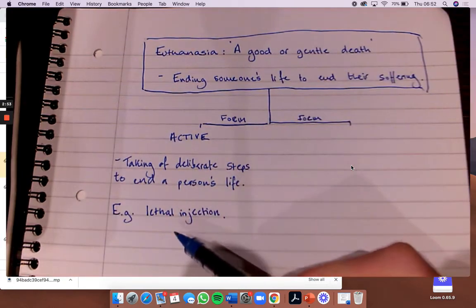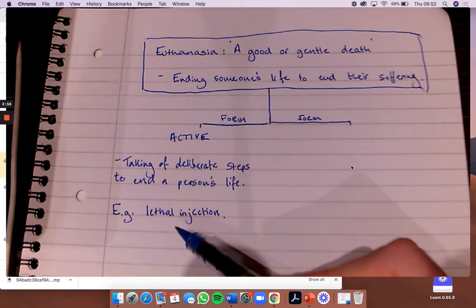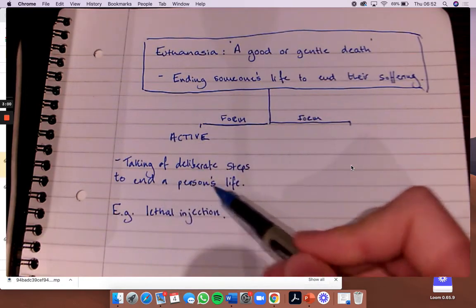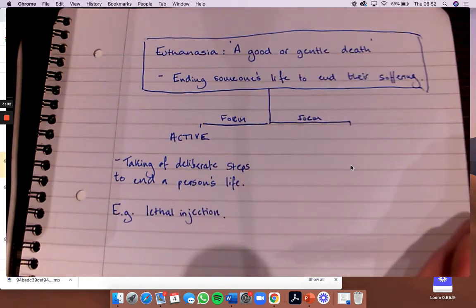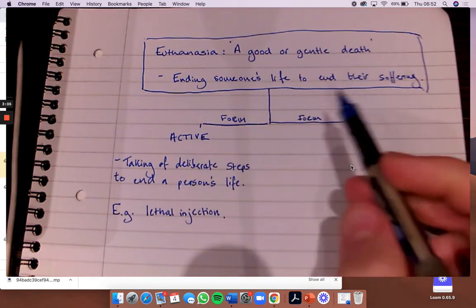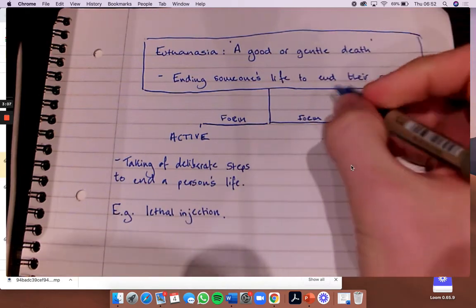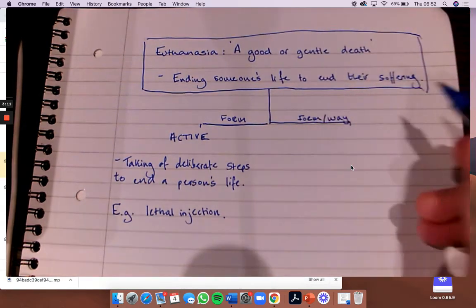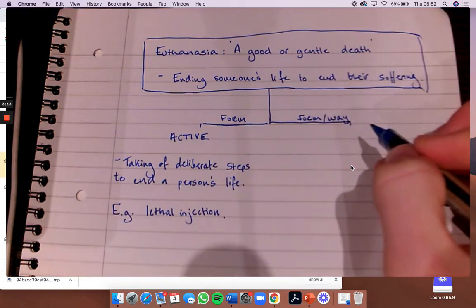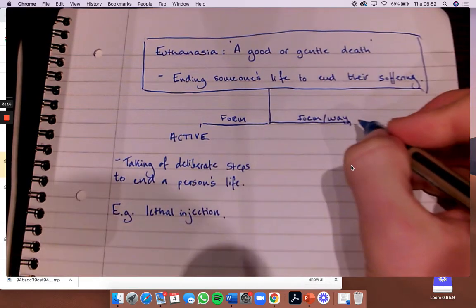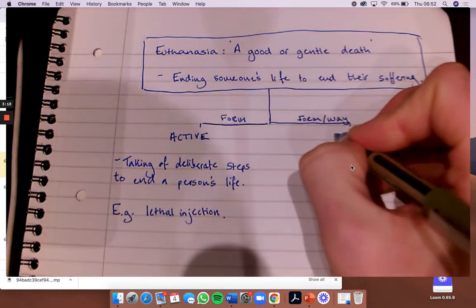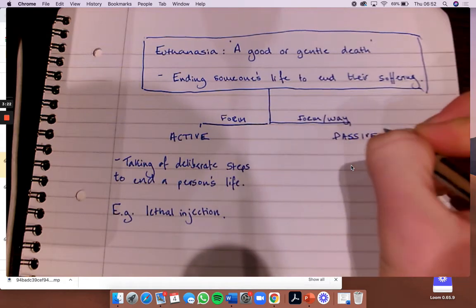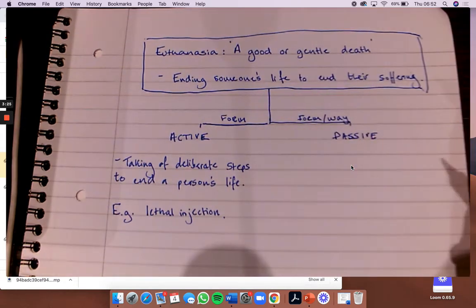In the case of lethal injection, it actively causes a person's life to be ended. The second form or way is what? Brilliant. It's passive euthanasia. Passive euthanasia.